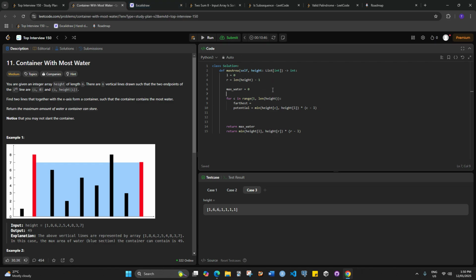Just take a moment to actually think about it. So the maximum water... Now the only problem is, how can I find a way to maximize the minimum between the height left and right, and then the distance between R and L?